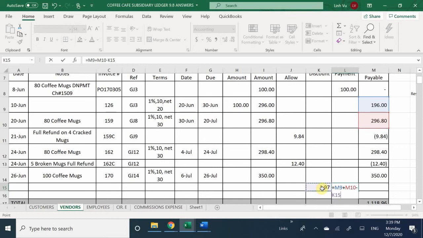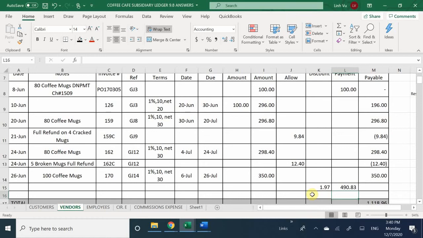That's what we'll pay them in total. Yes, 492.80, and then the total due at the bottom is 626.12, or 16 cents.